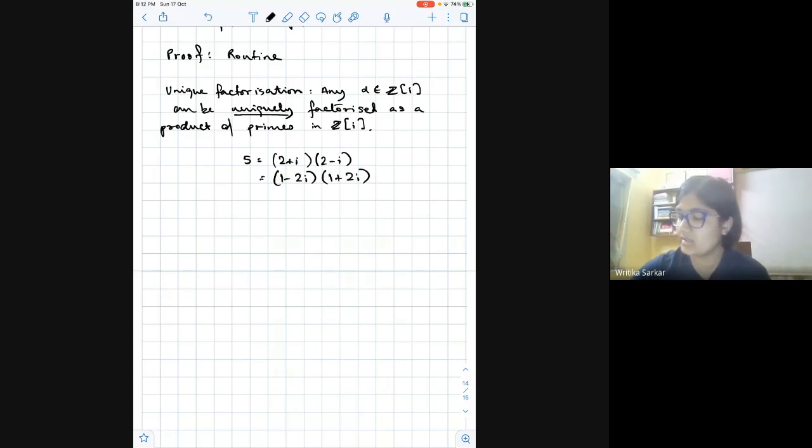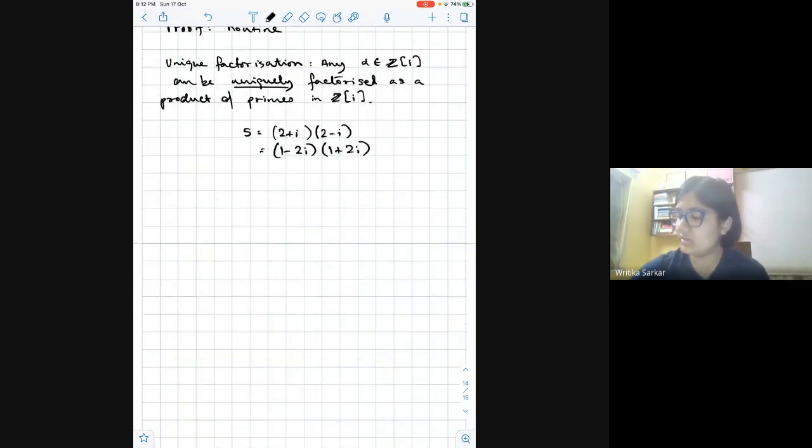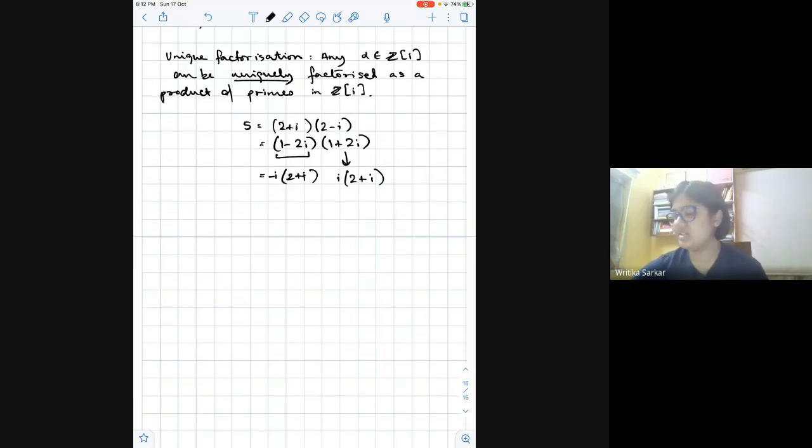So what we mean by uniquely here is that, if you note, these are actually just minus i times 2 plus i, and this is i times 2 plus i. So you see the factors are just unit multiples.